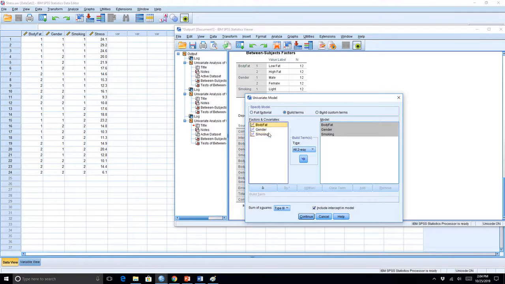So if you highlight all three and have all two ways in the pull down and click it over here, then it just automatically makes all the two ways and you don't have to remember which ones to include. So you can also do that for all three ways. So if you have like four factors, it'll do all the three-way interactions too. Okay, so this is the full factorial model.